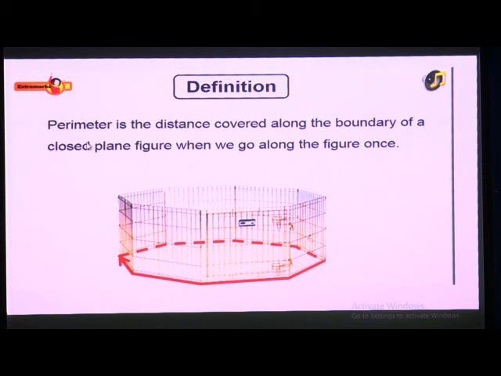And what is the perimeter? Perimeter is the distance covered along the boundary. Whatever the distance the boundary consists, it is called the perimeter. Perimeter is the distance covered along the boundary of a closed plane figure when we go along the figure.